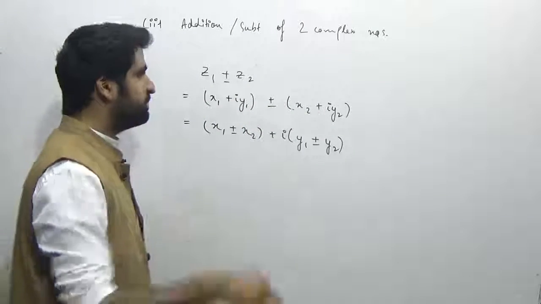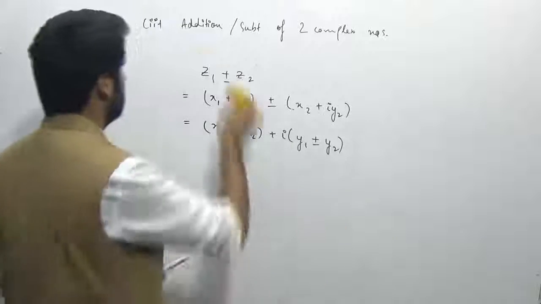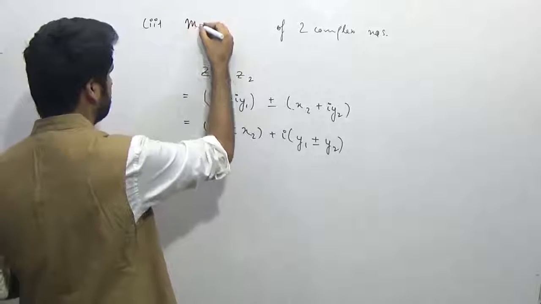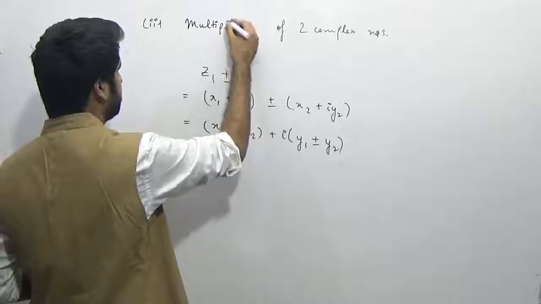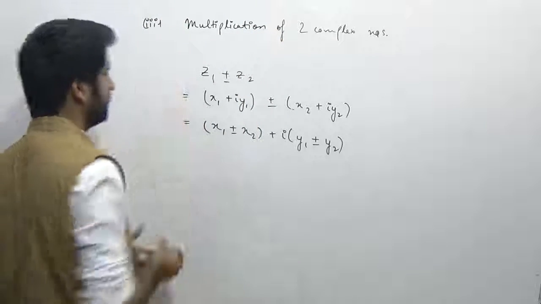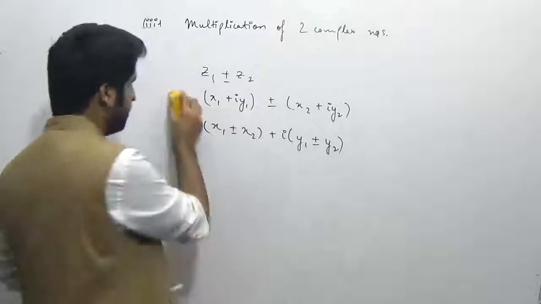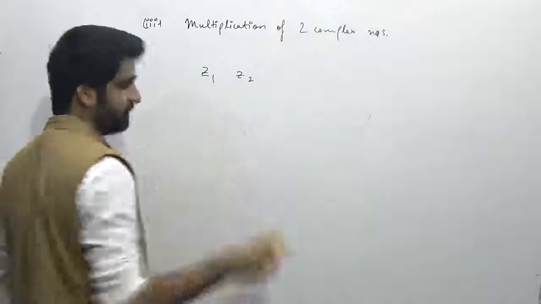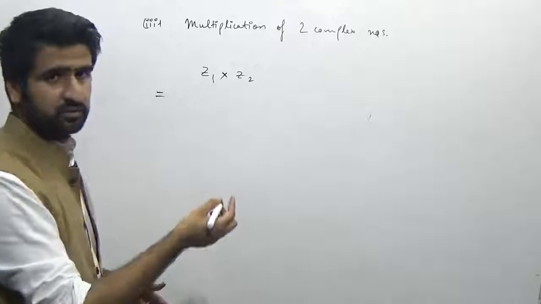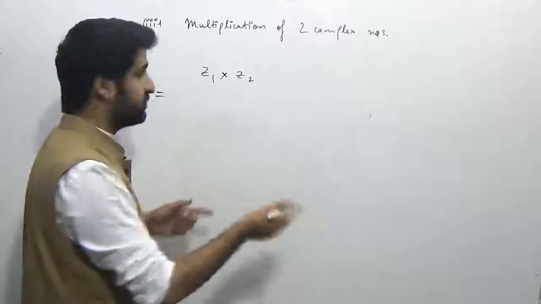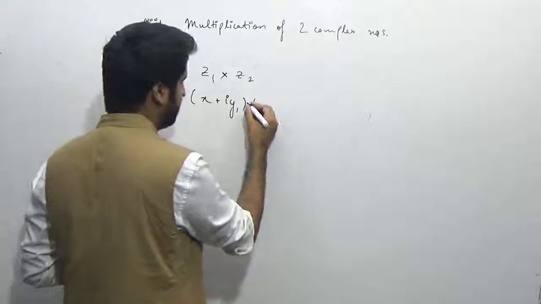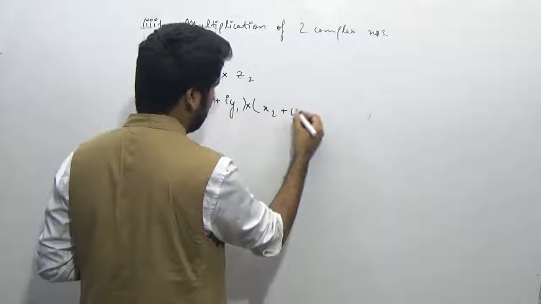What if we multiply these two complex numbers? In this case, the two complex numbers get multiplied as we used to multiply real numbers, opening brackets: x1 plus iota y1 multiplied by x2 plus iota y2.